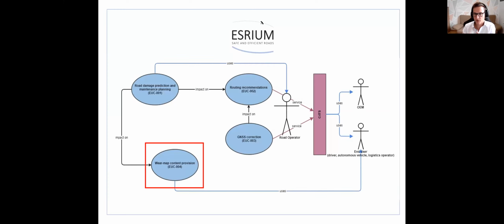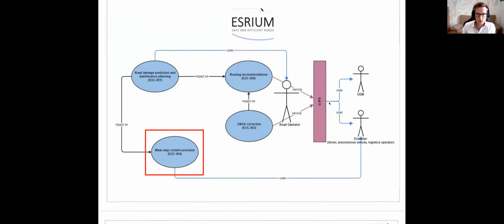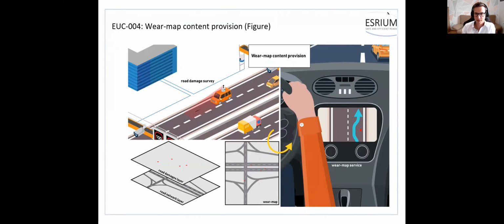We will now get to the fourth and last use case. The last use case deals with the road wear map content provision to the relevant stakeholders, which in this case are navigation service providers, original equipment manufacturers, and road operators. And based on the developed road damage detection and mapping system, these stakeholders are provided with the road wear map.